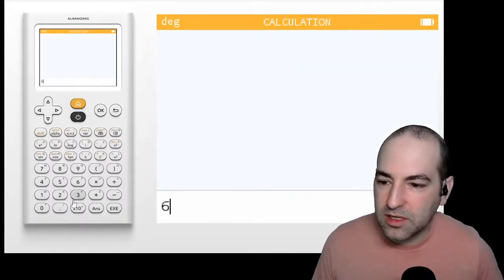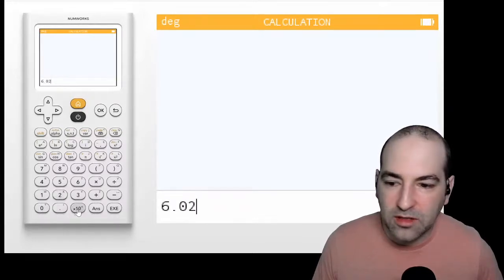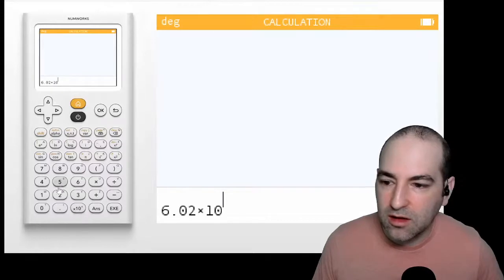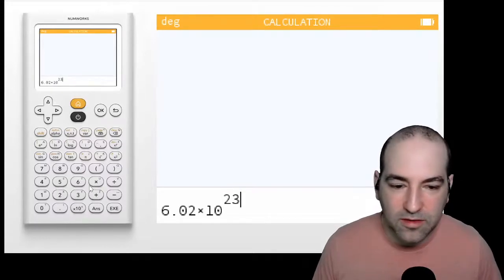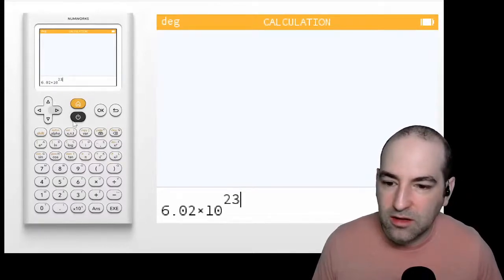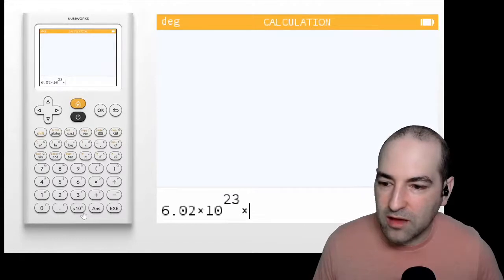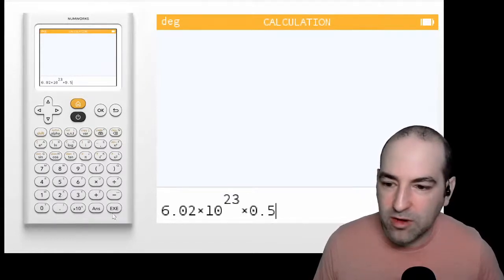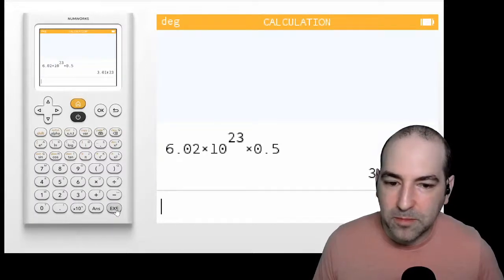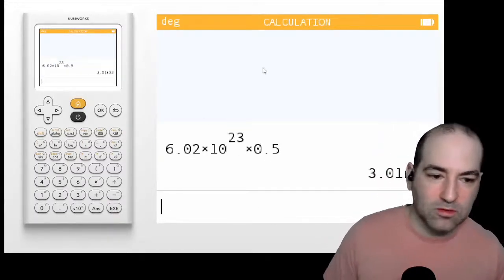So I would type 6.02, and then they have a little times 10 to the key here, and I can put 23rd in there. And then I can continue. I'm still in the exponent here, so if I want to multiply it by something, I think I have to move over to the right and then say, times. So if I wanted to know what half a mole was, I could multiply that by 0.5 and get this.